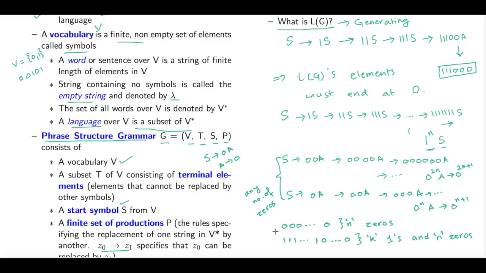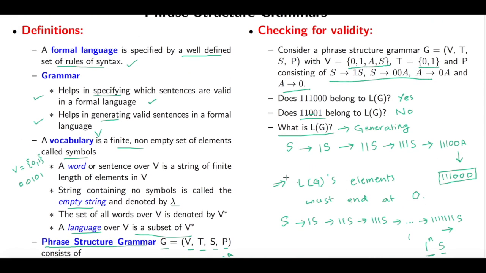Okay, so this is the whole language I have. I can have a string of all zeros, or I can have a string of some ones and some zeros. But I cannot have a string of some zeros and then ones, or a string of some ones then zeros then ones and zeros. It has to start either with 1 and end up at 0, or it has to start with 0 and end up at 0. So this is the language generated by this grammar here.